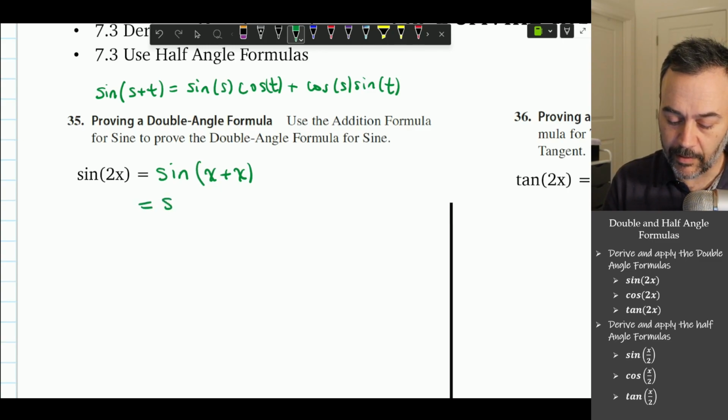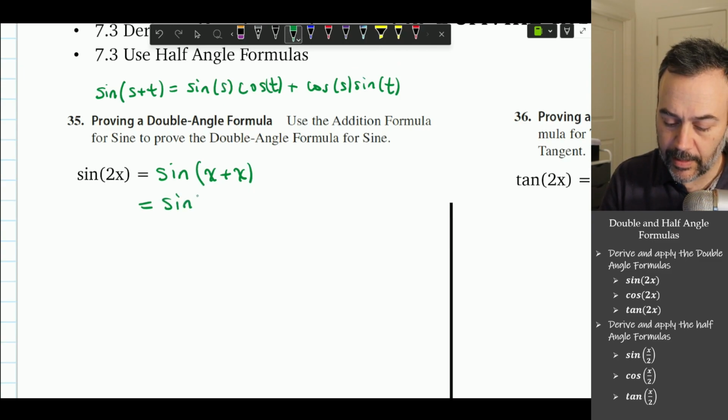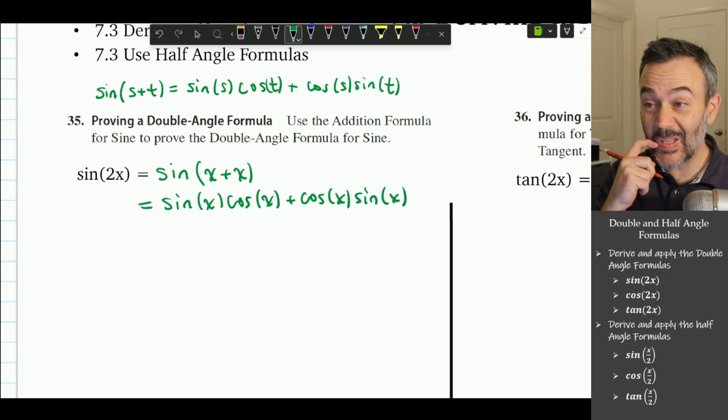Okay, so I'll just plug into the one up on top, where s is x and t is x as well. So we have sine of x cosine of x plus cosine of x sine of x. And you can see that these are like terms.